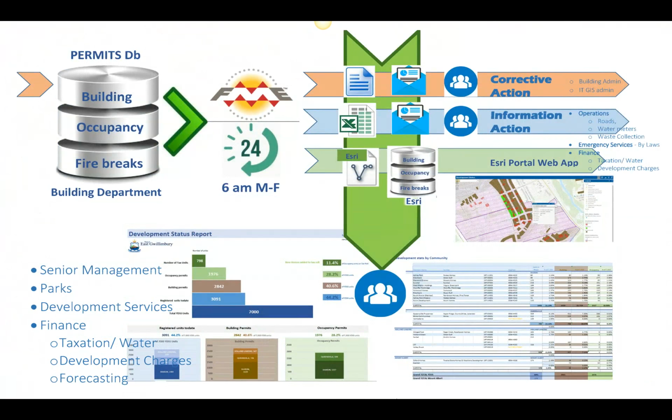So on the back end, what does this system look like? What does the integration look like? On a daily basis, there's a schedule that runs Monday to Friday that pulls all the building, occupancy and fire break permits from the permits database and integrates it with the GIS data, with the parcels of the planned developments or the developments that are under construction, to have a picture built every day of all the occupancy permits that have been issued.